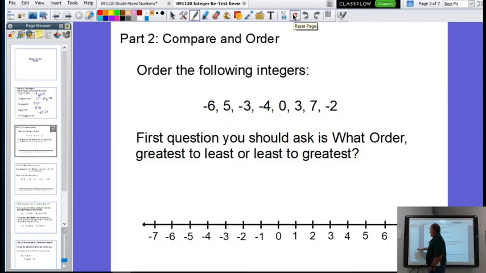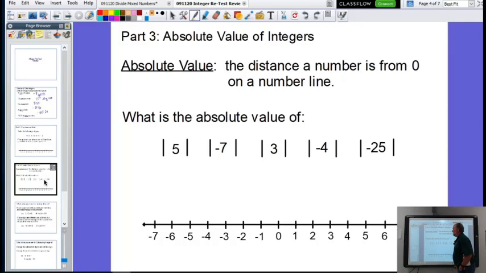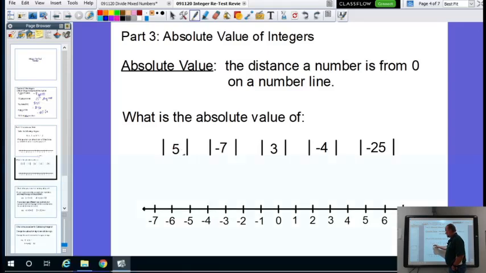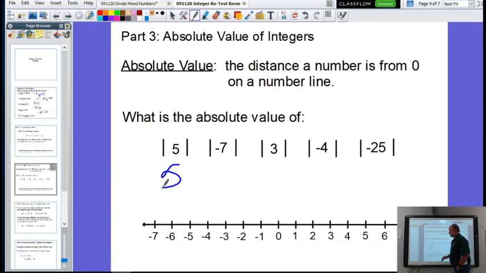The next section of the test is dealing with absolute value. We need to remember that absolute value means the distance a number is from 0 on a number line. Don't care which way, just what's the distance. This question says, what's the absolute value of 5? How far is 5 from 0? 5.